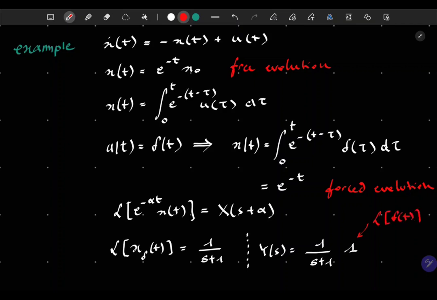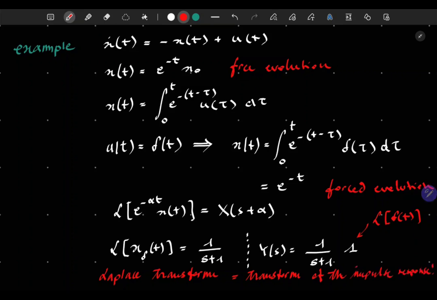So what we have learned is that the Laplace transform of the system is nothing else but the transform of the free evolution of the system under the effect of a Dirac delta, which is also called the impulse response of the linear system. And this is a completely general result, and it holds for any linear time invariant system.